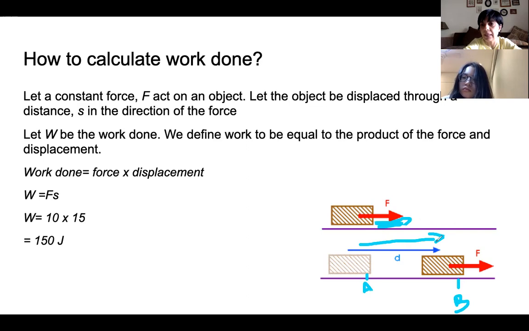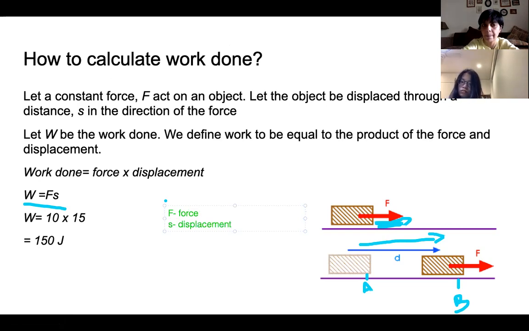And when work is done like this, the formula that we use for work done is W is equal to force times displacement, W = F × S. In this case, F stands for force and S stands for displacement.